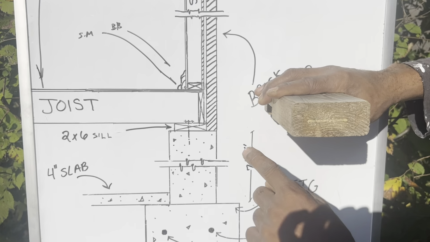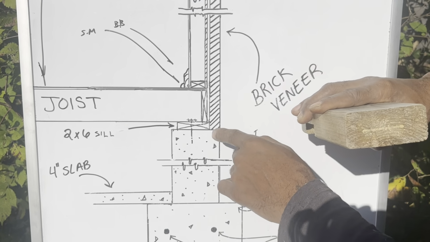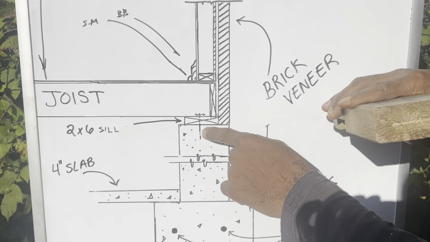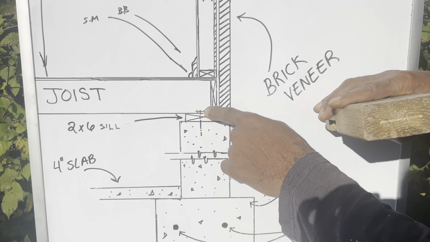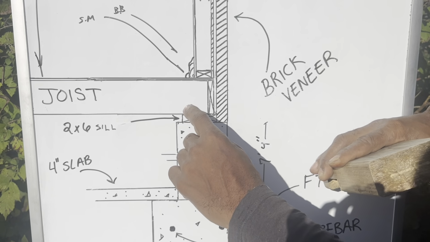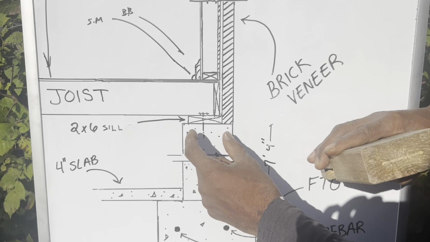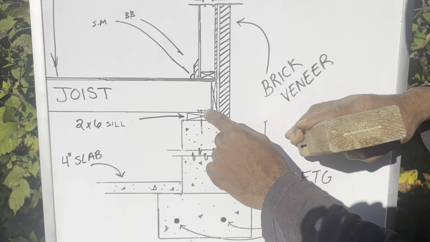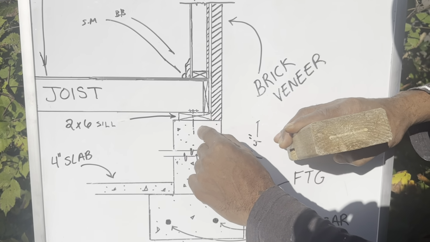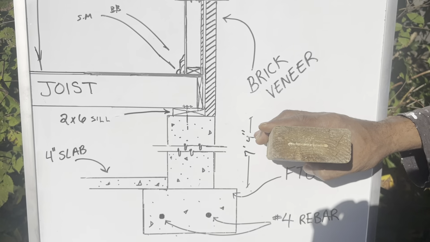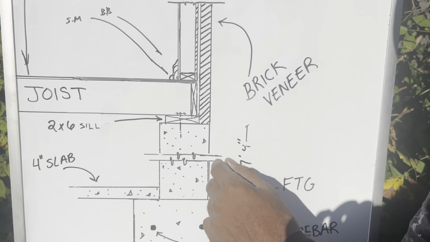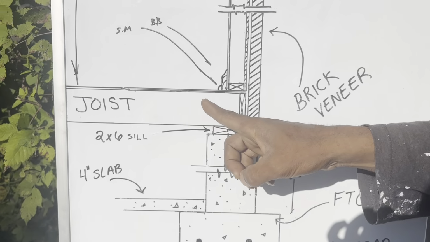That's the end grain. You see that vertical piece right there? That's an anchor bolt. So you have this sill plate attached by anchor bolt to your foundation wall, or your concrete wall.